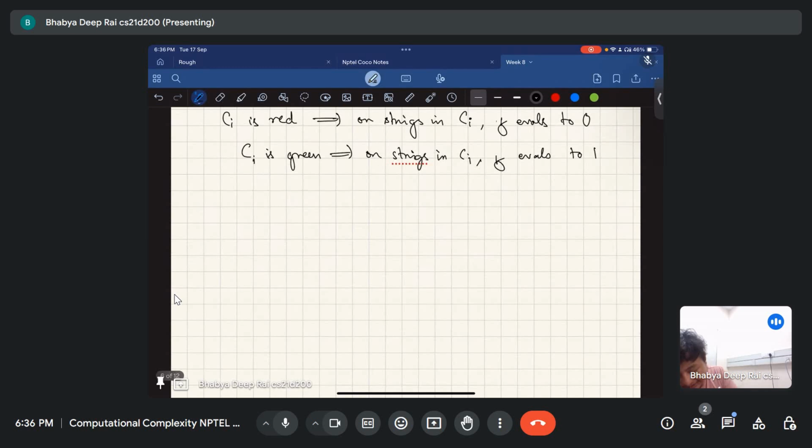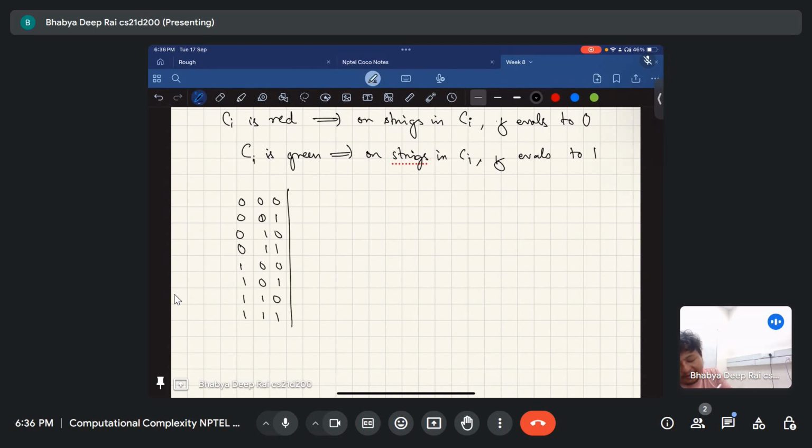So I'll still give an example of a symmetric function. For example, suppose say 0 0 0, 0 0 1, 0 1 0, 0 1 1, 1 0 0, 1 0 1, 1 1 0, 1 1 1.